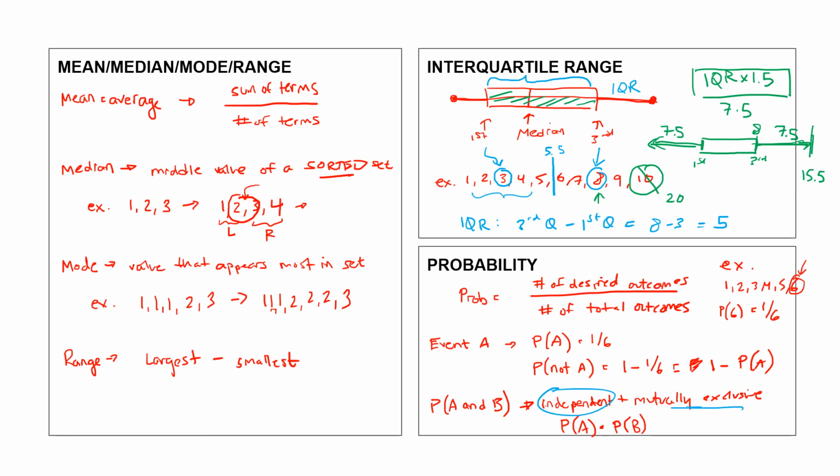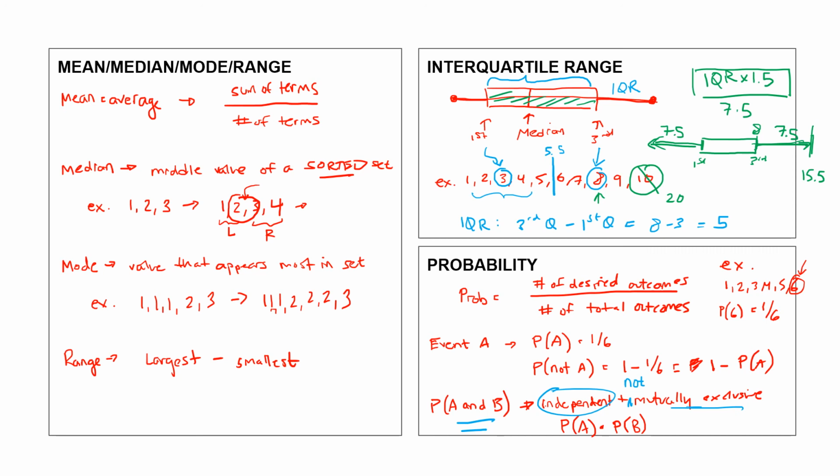Mutually exclusive simply refers to them not being able to happen together. I apologize. This should say, I'm going to add a caret here, not mutually exclusive, because we want both of them to happen at the same time. If it were mutually exclusive, A and B cannot simultaneously happen.